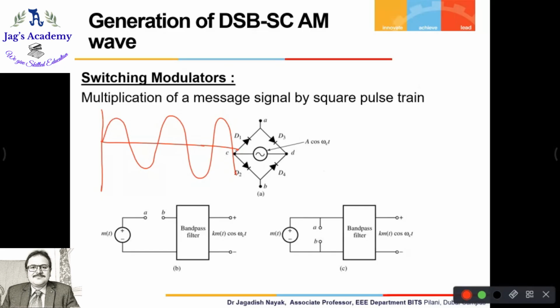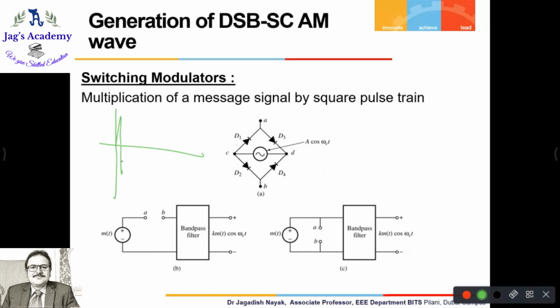Why should I draw an abrupt signal here? To represent high frequency, right? If I draw like this, it may be a message signal. High frequency basically looks like this. Just to see the switching action, I have drawn this. Otherwise, high frequency means it will be something like this.